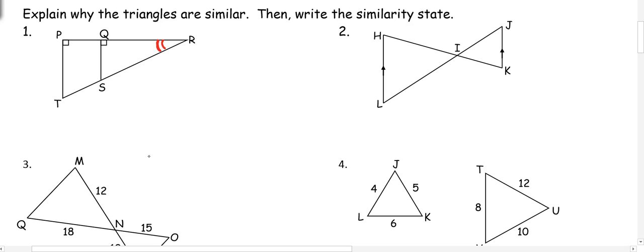So we can say that these triangles are similar because we can say that P is congruent to Q because they are both marked as right angles. Angle R is congruent to angle R by reflexive property.